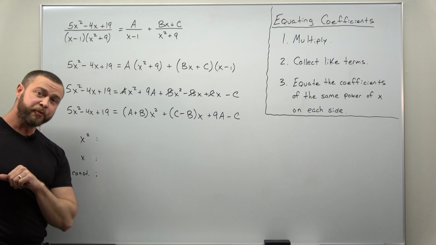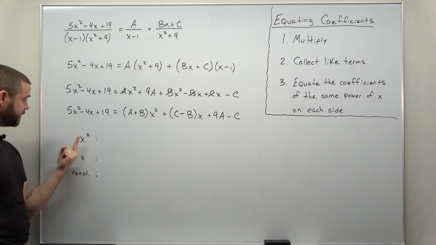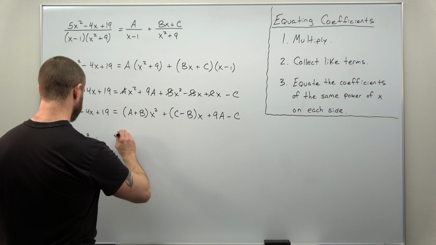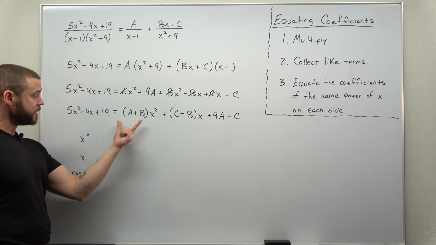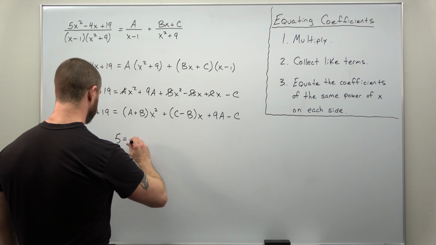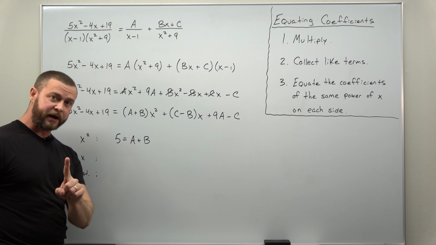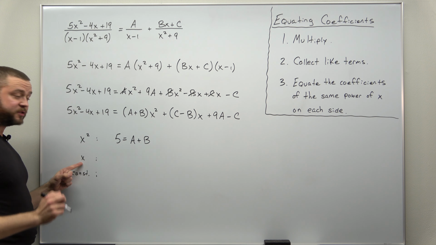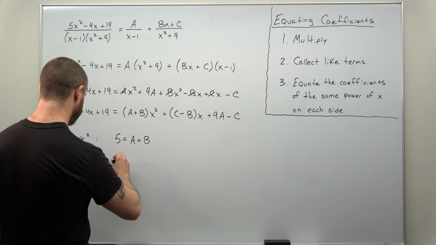All right, and our 3 equations, first equating coefficients of x squared, coefficient of x squared on the left is 5. And your coefficient of x squared on the right is a plus b. All right, that's one equation. We need 2 more. We're going to now equate coefficients of x. The x coefficient on the left is negative 4.